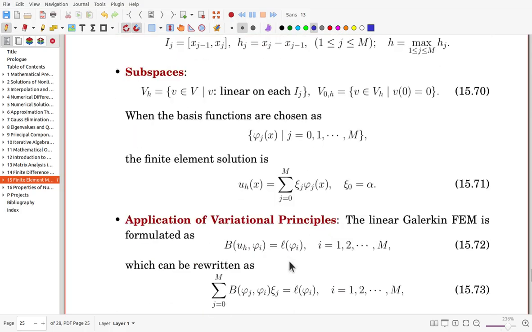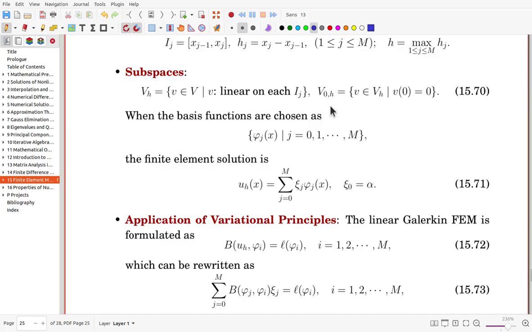And when we use the variational principle from the Galerkin method, we choose the weight functions from the basis functions. Now, the weight functions are chosen from this smaller subspace, that is, where at the left edge point the value is 0.